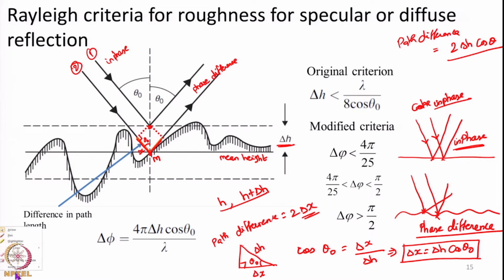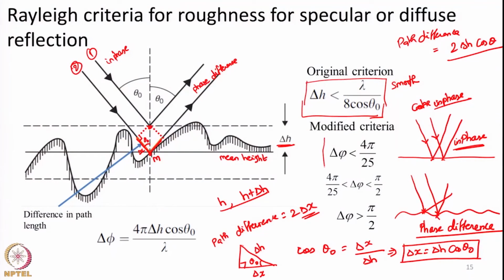If delta h is less than lambda by 8 cos theta naught, that particular surface is smooth. If delta h is more than lambda by 8 cos theta naught, that particular surface is rough. That is the original Rayleigh criterion developed by Lord Rayleigh.